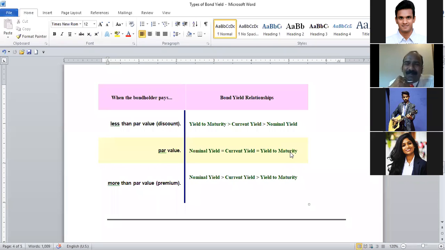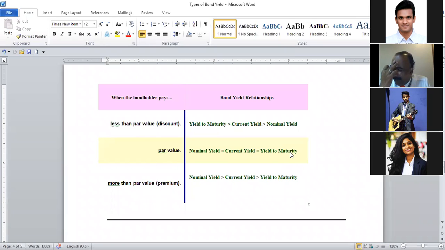Stephen, what is called discount bond? Sir, when yield to maturity is less than face value, sir.